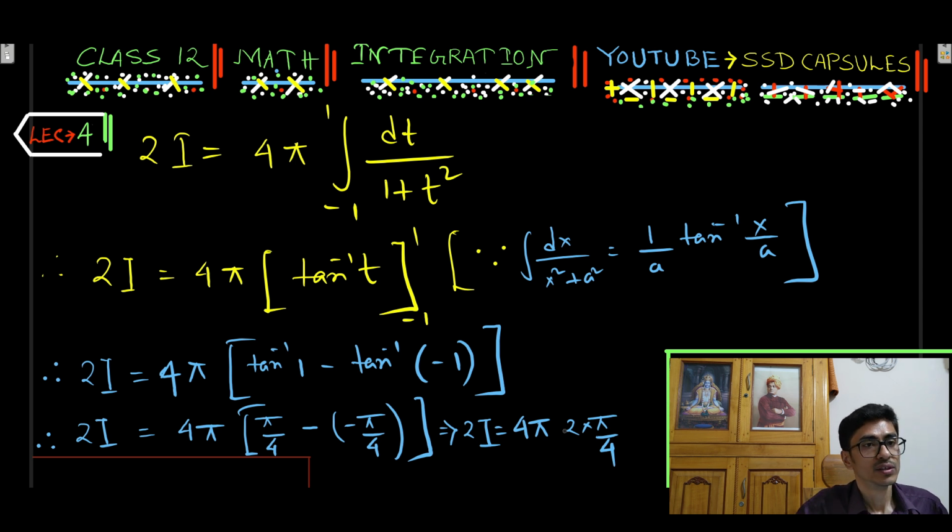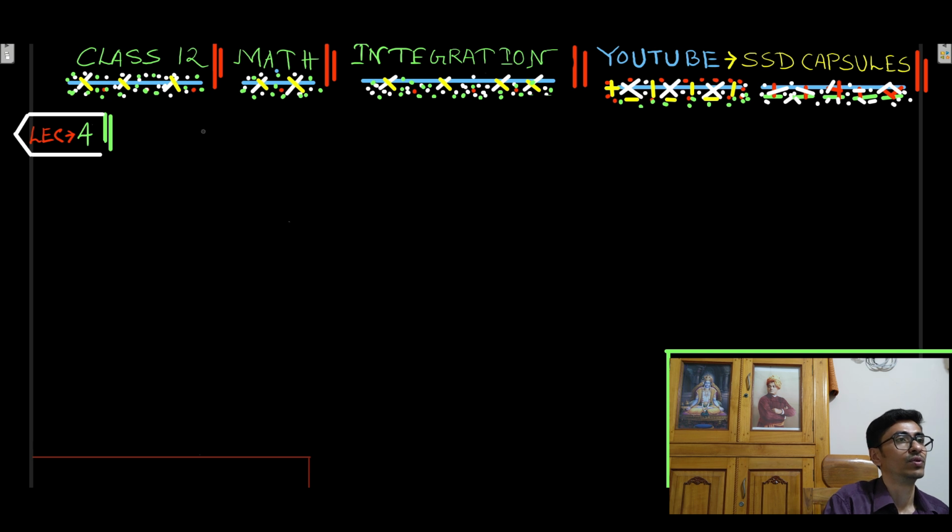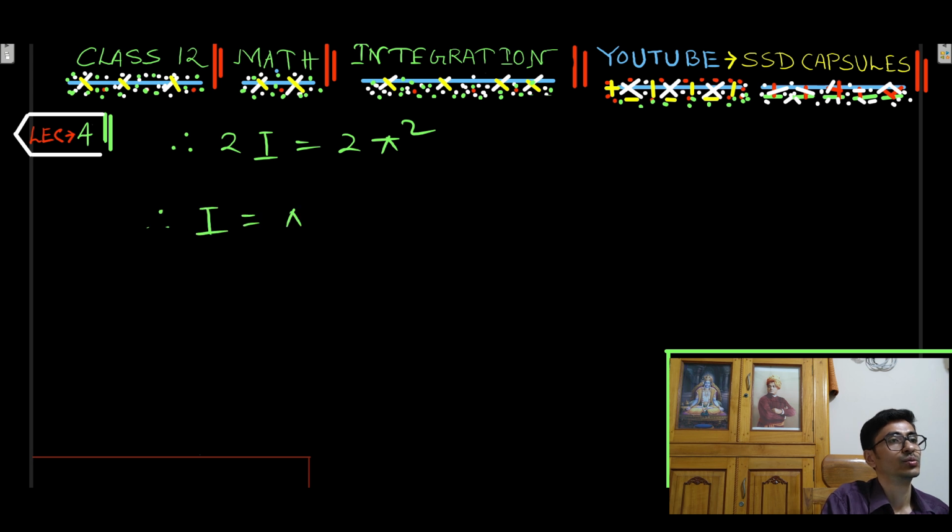Okay, so now 4 cancels out. So here 2I equal to 2 pi square. Therefore I equal to pi square.